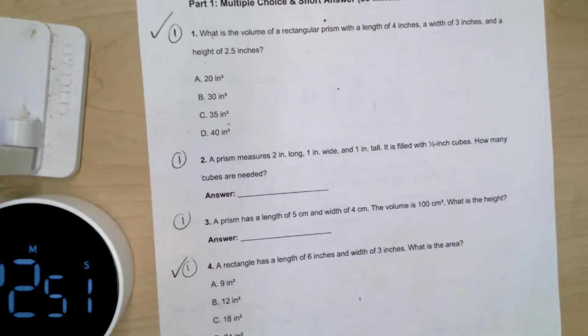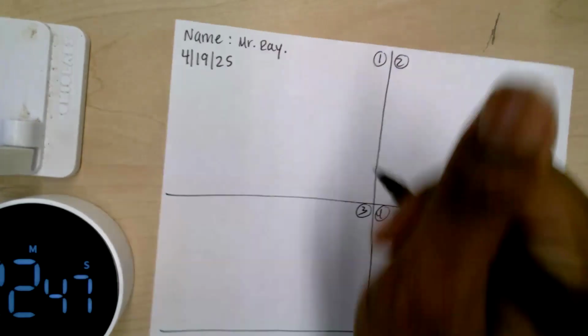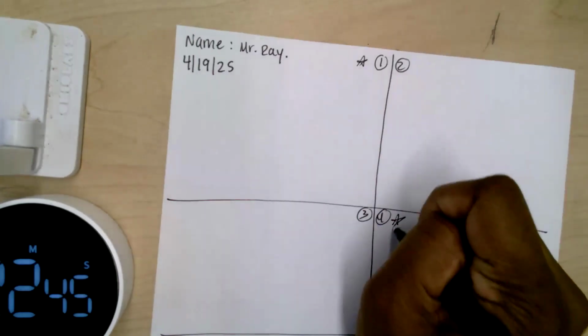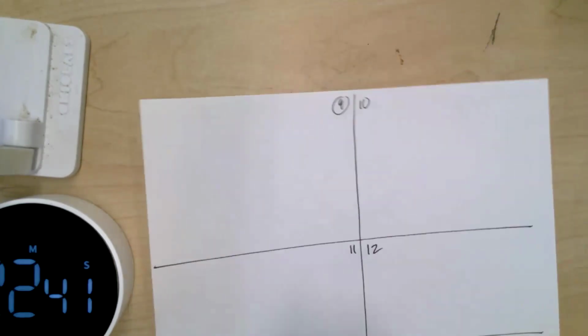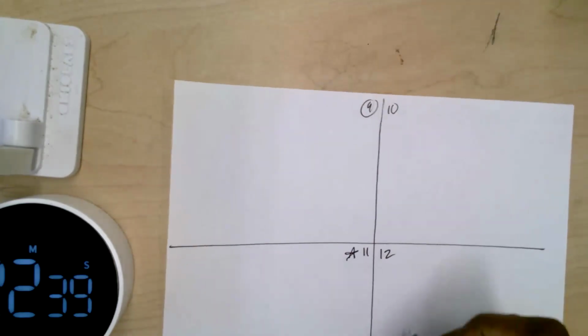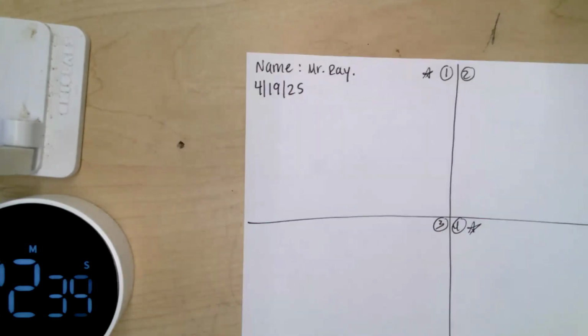So then I'm going to come to my scrap paper. 1, 4, 5, 8, 10, 11, and 12. All right. So hopefully I have enough space for all of this.